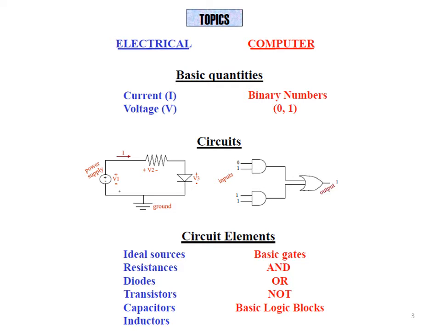It means just 1 and 0. And we also learn about some basic logic gates such as AND gate, OR gate, NOT gate, and some basic logic blocks such as multiplexer and others, and so on.